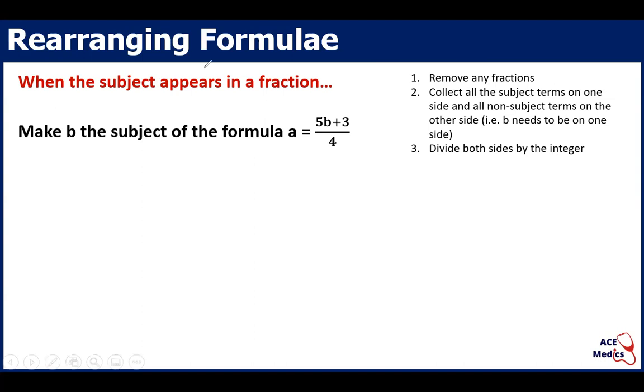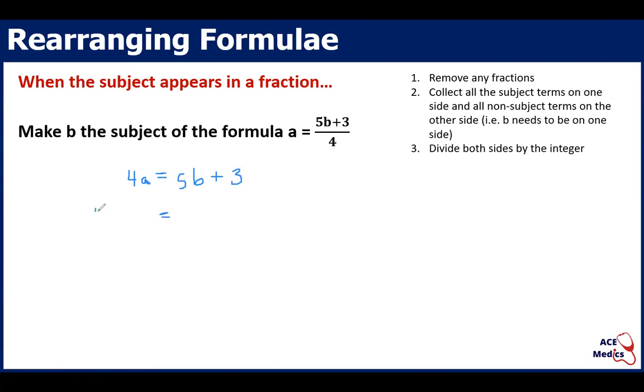Most of you will be able to get this without really needing to think about it. If we want to make b the subject of the formula, remember we said our first rule was to get rid of any fractions and then get rid of any brackets. So we need to multiply by 4. So we're going to have 4a equals 5b plus 3. Remember, we're getting b to be the subject of the formula.